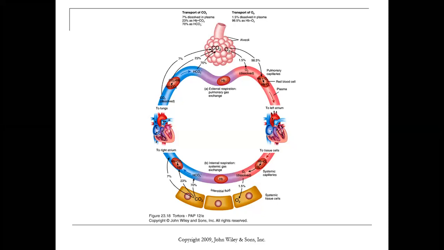The CO2 in the form of gas, 7% of it directly dissolves in the plasma. Remember, in the form of gas, oxygen was in the plasma only 1.5%, but the carbon dioxide gas is 7% in the plasma. Then the majority of the carbon dioxide dissolves with the water in the plasma and converts into carbonic acid first, and then dissociates in the form of proton and HCO3 ion.